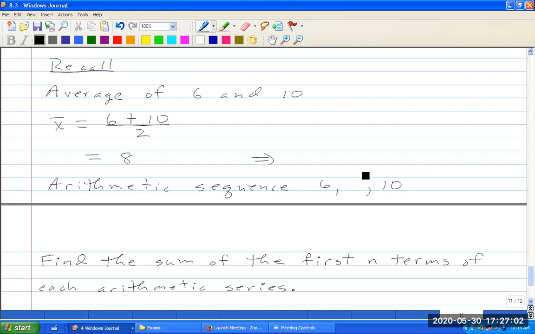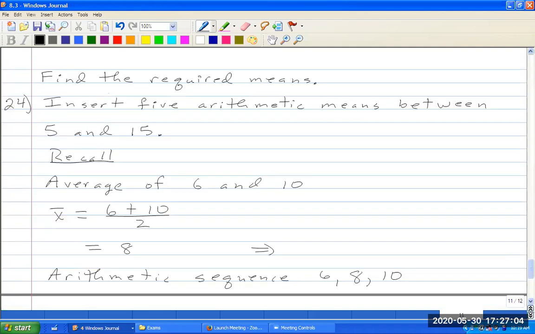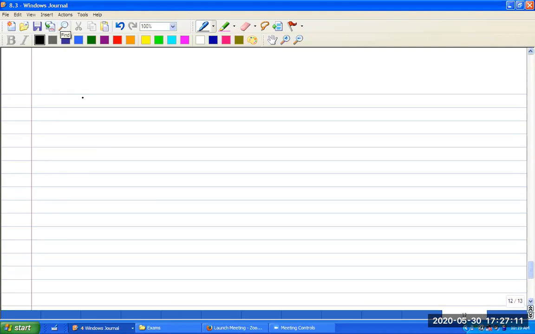In this case, we want to insert 5 arithmetic means. So we will start with 5 and then end with 15. 1, 2, 3, 4, 5.